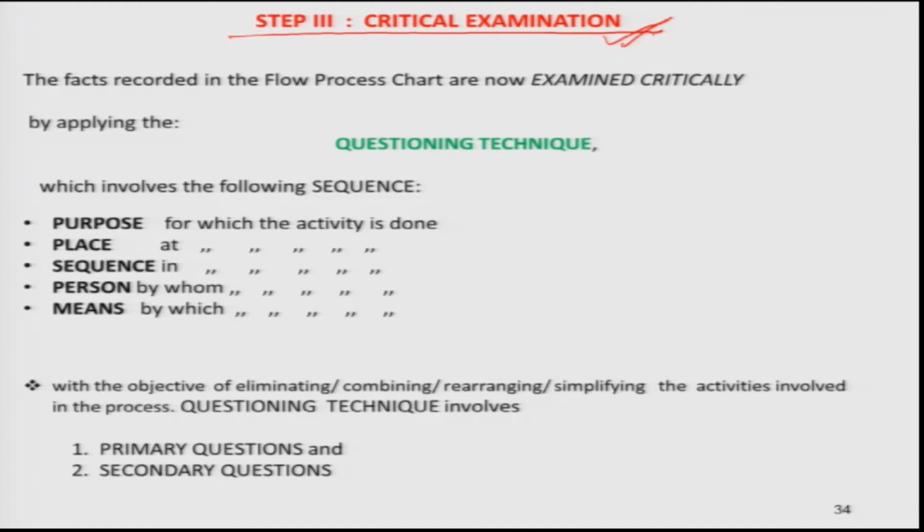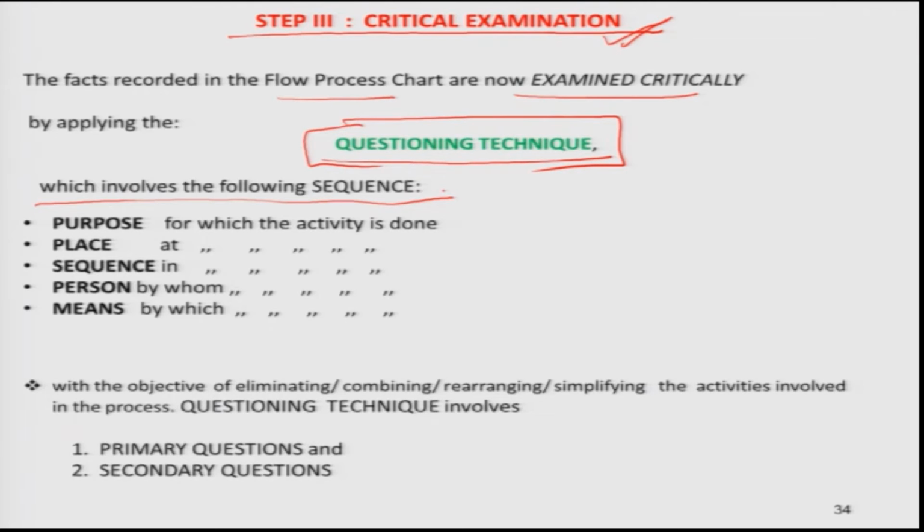Suppose you have already prepared a chart; how will you judge and critically examine it, to see whether you have made it in the actual way or something is wrong? The facts recorded in the flow process chart are now examined critically by applying various questioning techniques. Questioning technique is the primary stage of your examination.